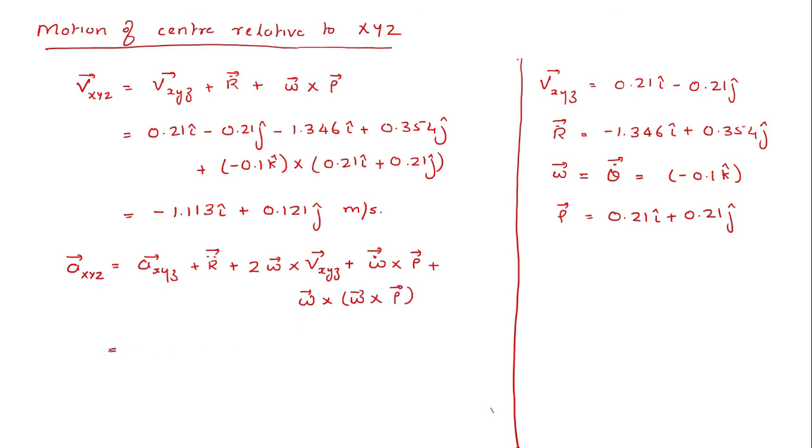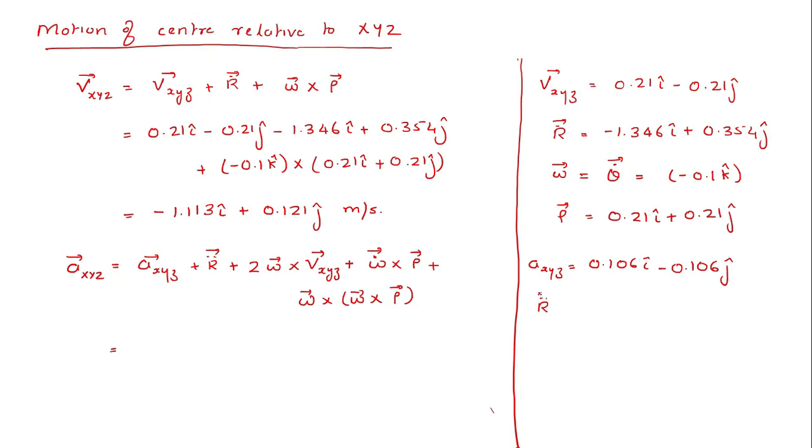Now all of these terms we have already obtained earlier. I'll write it down here. A small xyz is equal to 0.106 I cap minus 0.106 J cap.